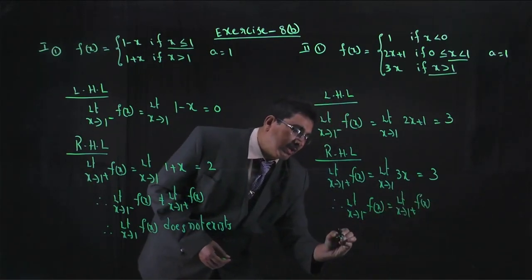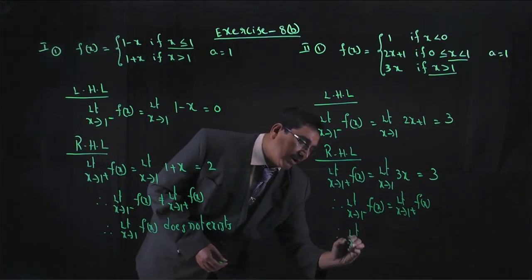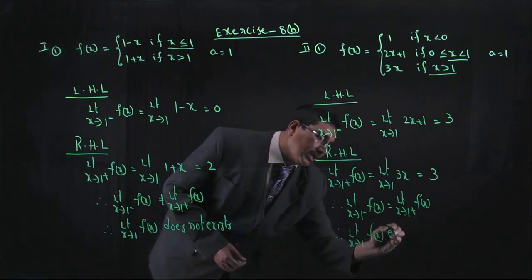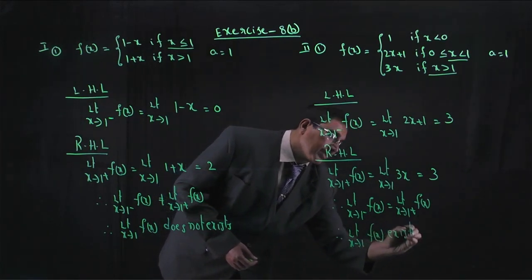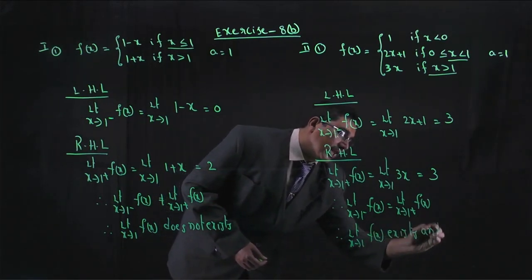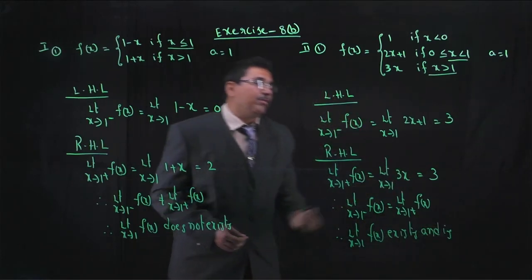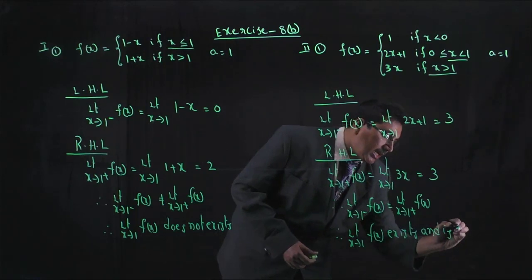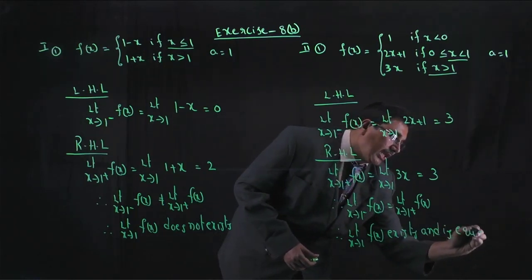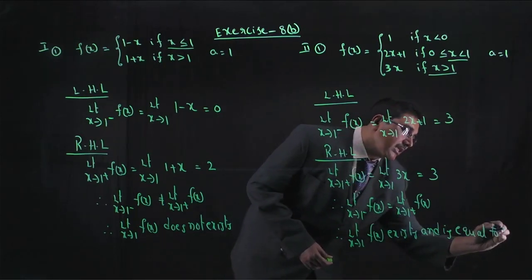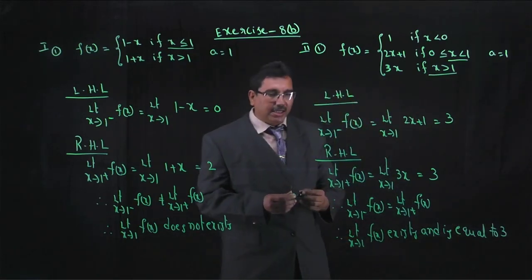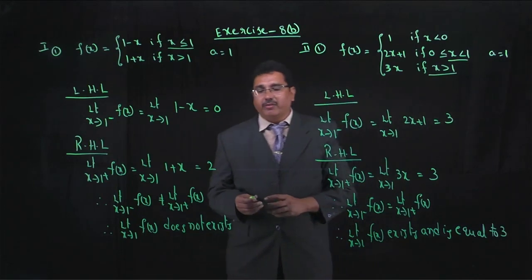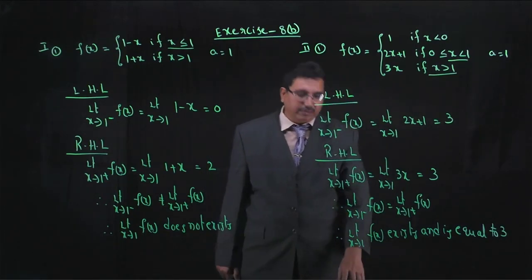Therefore, limit x tending to 1 of f of x exists and is equal to 3. Right, this is the way to find the left hand limit and right hand limit of a given piecewise function.